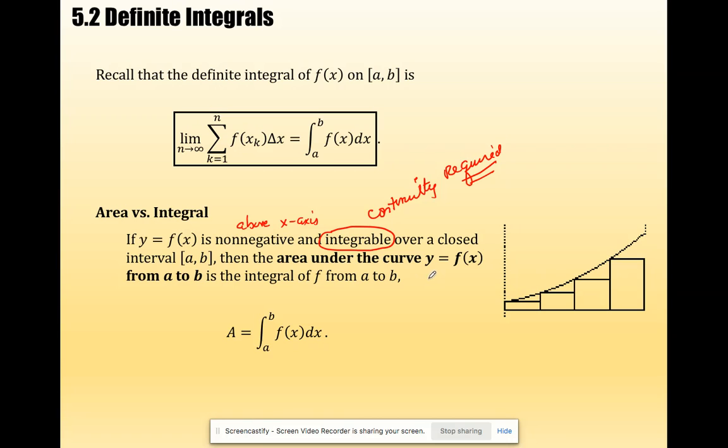I just have to be continuous because after all, I am drawing rectangles. But if you have a break in the function, well, you can't draw a rectangle over a break. If you are continuous over a closed interval, a start and a stop, then true area is the integral.